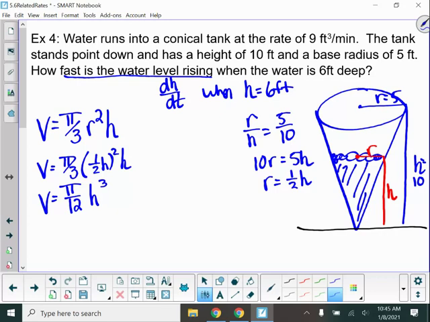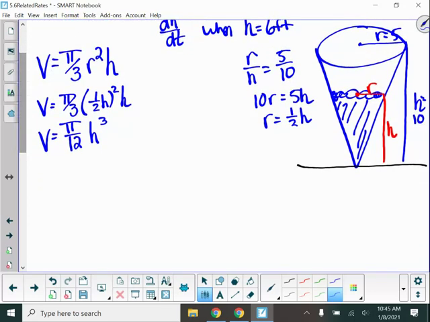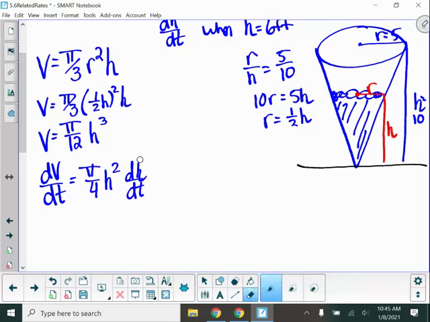Now I can take my derivative. So dV/dt is going to be pi over 4 h squared times dh/dt. I'm going to make that h look a little bit nicer.